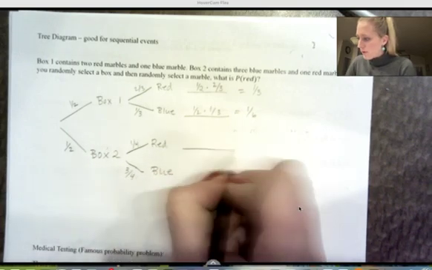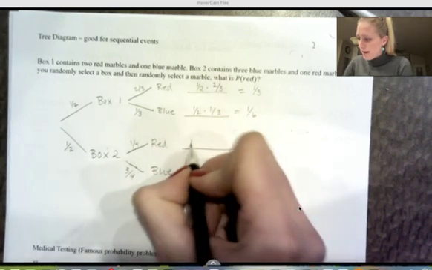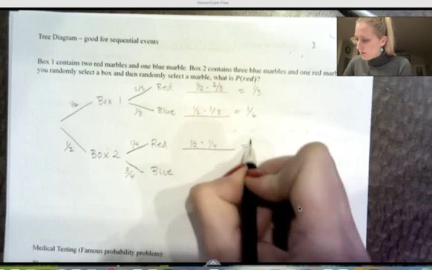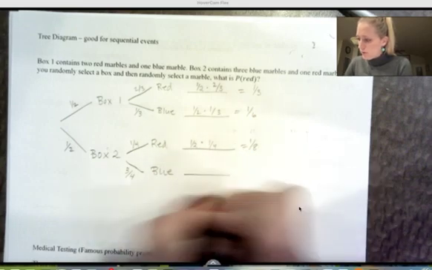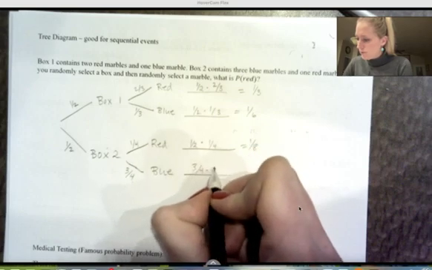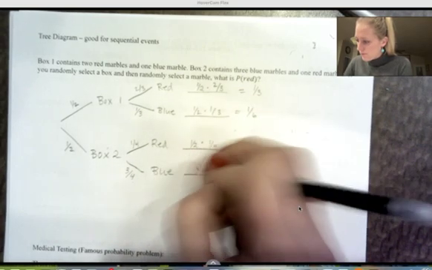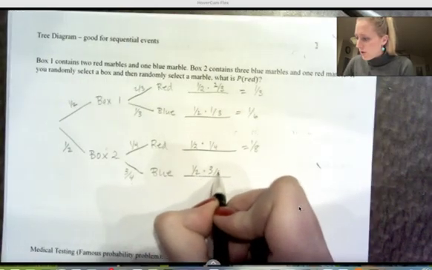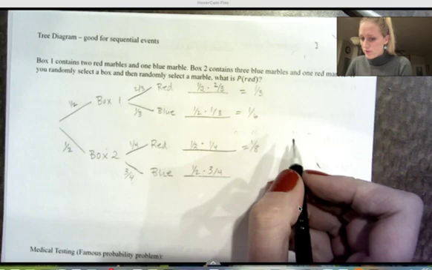So for those probabilities, I choose box 2, so 1/2 and 1/4 is red, so 1/8. Blue, we have 1/2 and 3/4 if I were to choose box 2 and blue, which is 3/8.